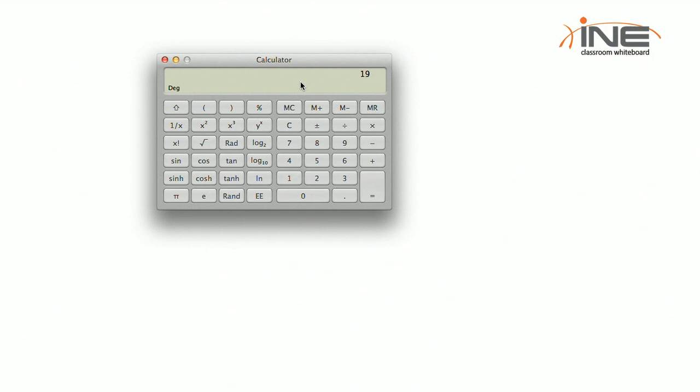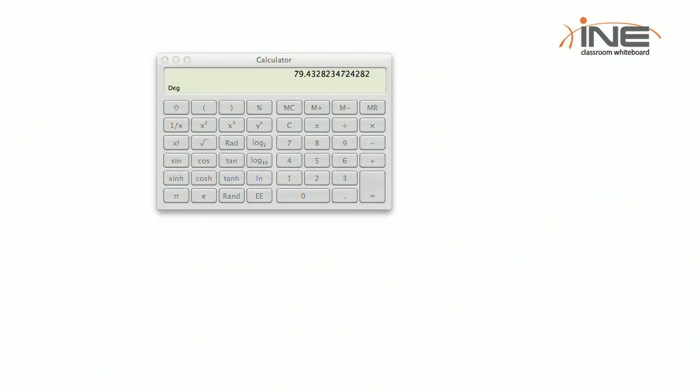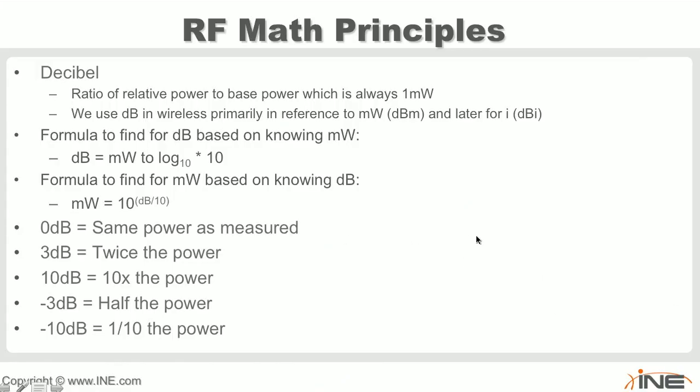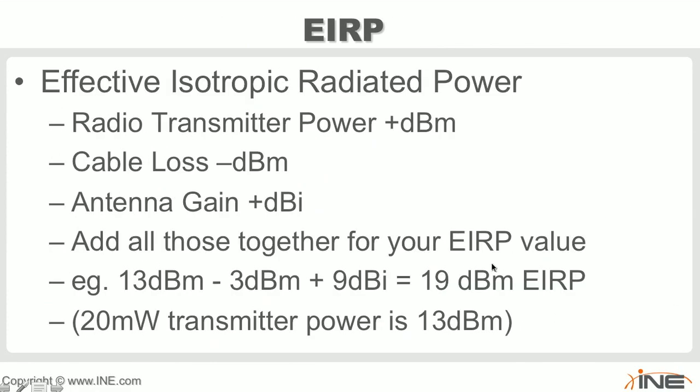We're going to take 19 and divide that by 10. That's 1.9. That's going to be the power. So we're going to take 10 and raise it to the power of 1.9, for an effective power of 79.4, or we could round down to 79 milliwatts of power that's effectively being transmitted for the 19 dBm EIRP.